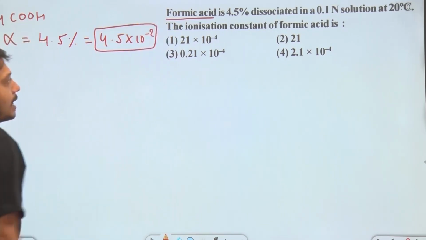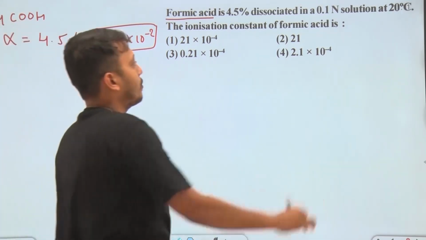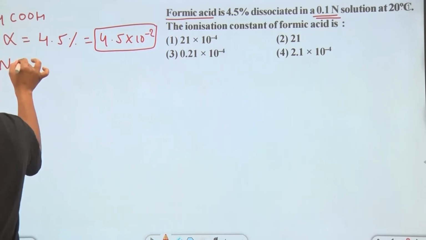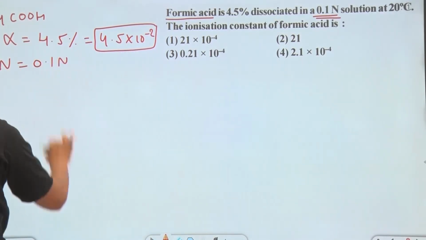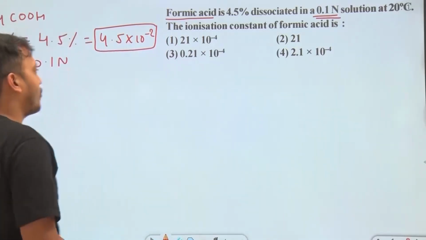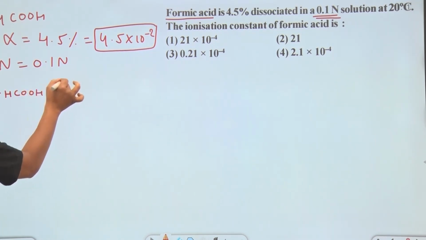So this is the value of alpha. Clear? Now in a 0.1 N solution, so normality here is 0.1 N at 20 degrees Celsius, we have to find the ionization constant of this formic acid.